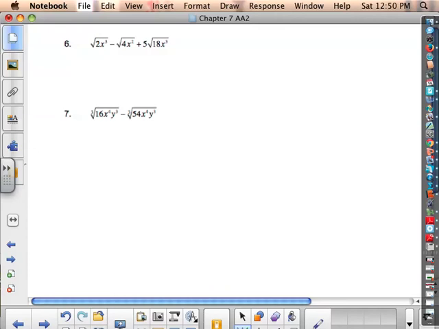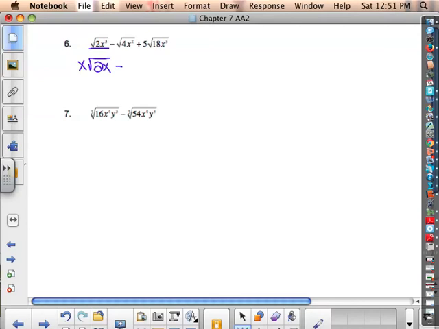Number 6, I have the square root of 2x to the third minus the square root of 4x squared plus 5 square root of 18x to the third. So the first thing you want to do is simplify these. The first term becomes x square root of 2x.